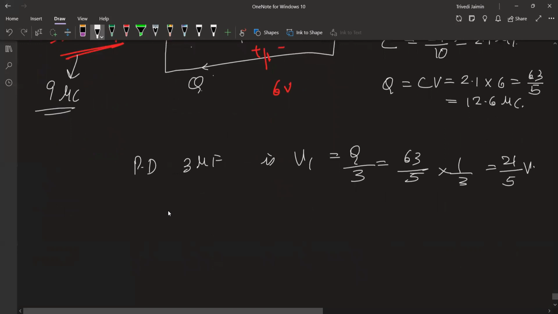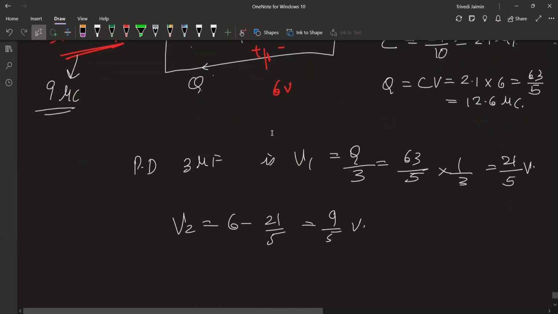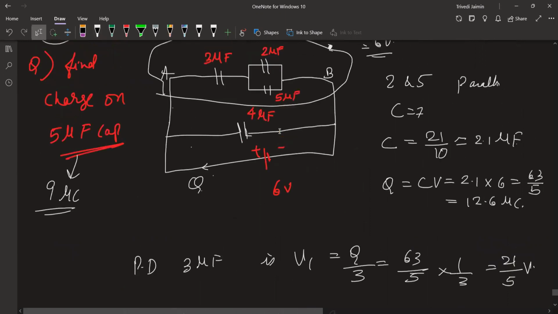So the remaining voltage is on that side. So V2 equals 6 minus 21 by 5, which will give you 9 by 5 voltage. So 9 by 5 voltage is across this one. Okay. So Q equals 5 into V2, which is 9 microcoulomb. No need to get any other extra values. Actually, I was explaining and solving, so it took long, but this is the shortest method we can solve.